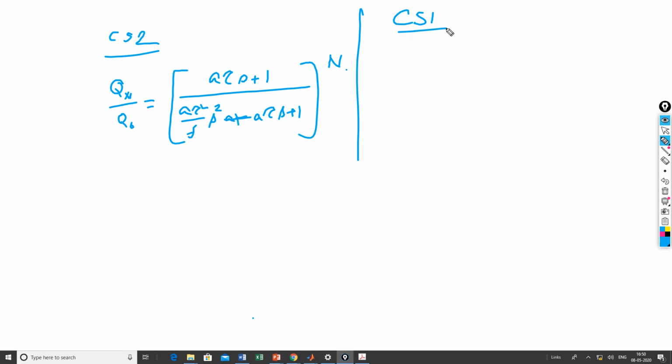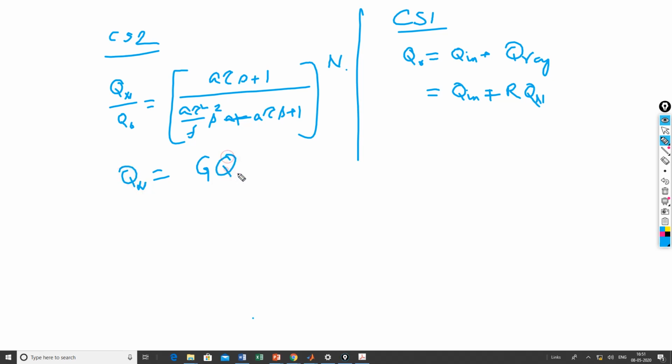So what we have in CS1 is that Q0 is equal to Qin plus Q recycle, and Q recycle is equal to R times Qn, and let me call this G. So Qn is equal to G times Q0.